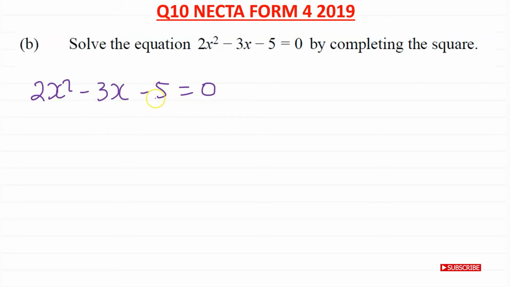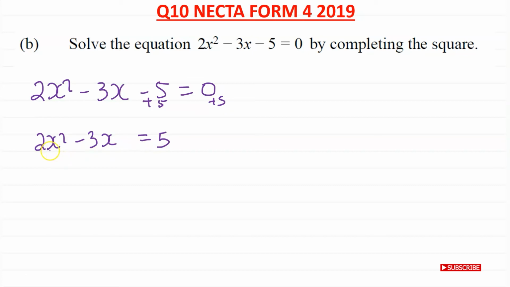So we get rid of this negative 5 by adding 5 both sides. Now what we have is 2x squared minus 3x on one side, and 0 plus 5 is 5.